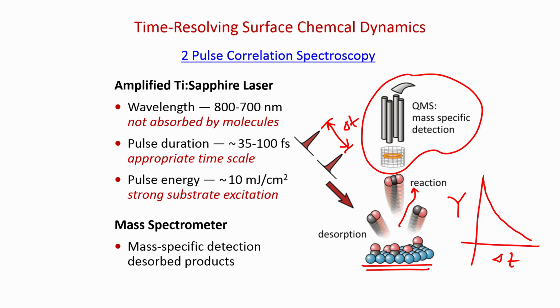But if the pulses are well separated, then what will happen? The first pulse will deposit the energy, and second pulse will now try to desorb the molecules from the surface as much as possible, and we will see the dual effect or the combined effect of pump and probe in the desorption yield.